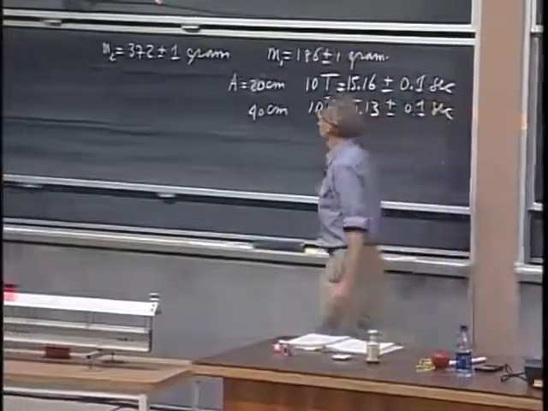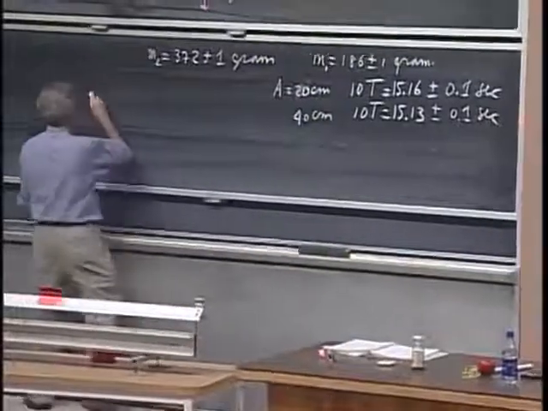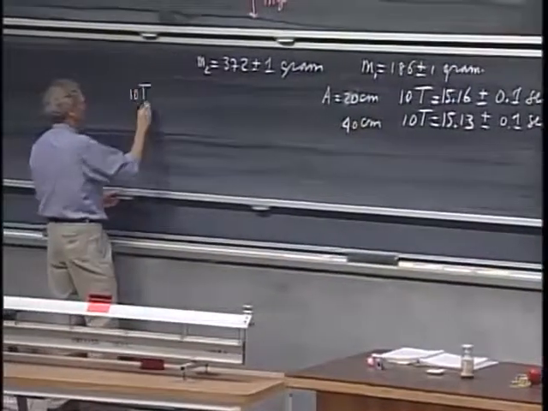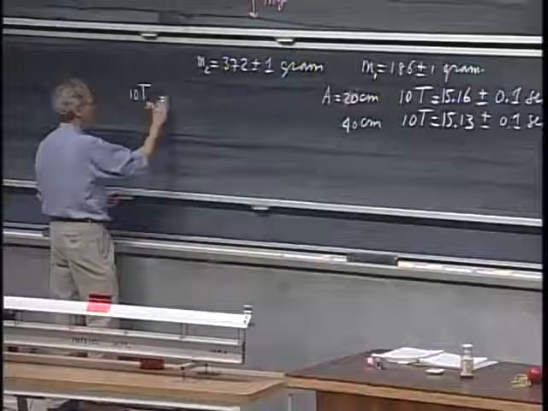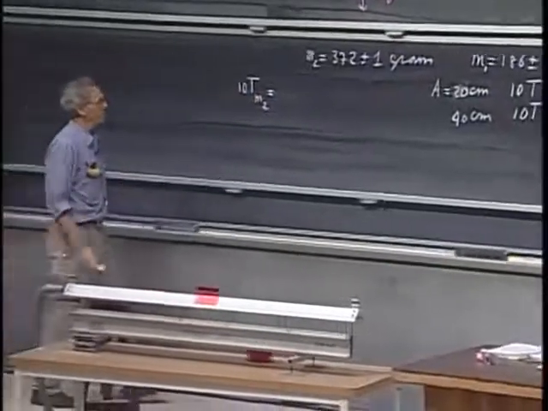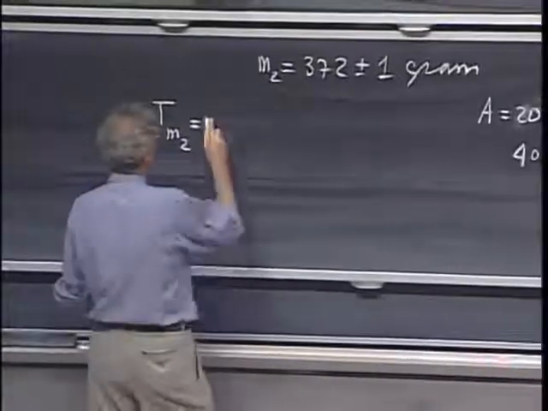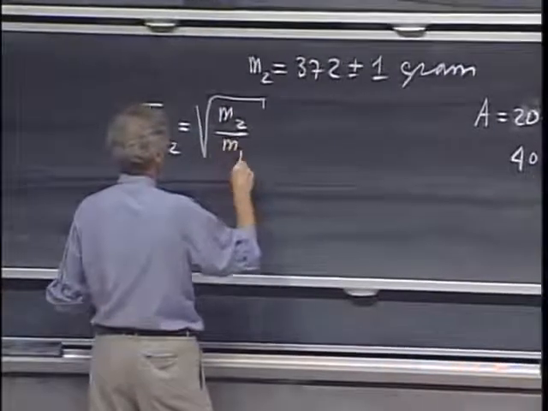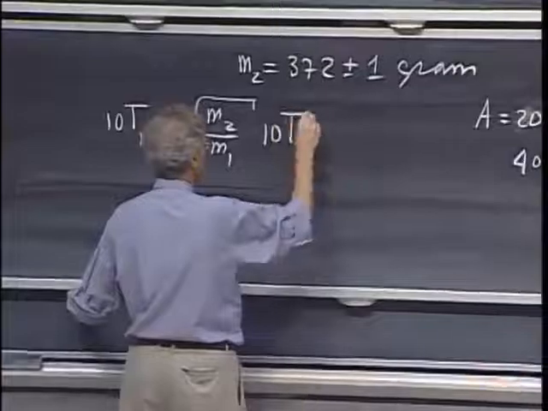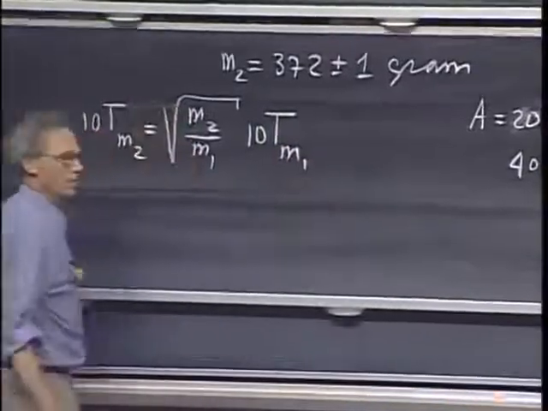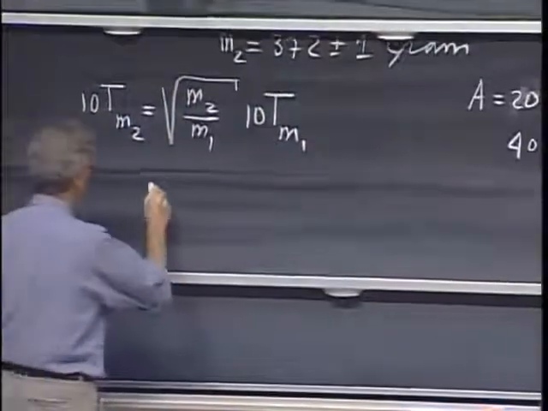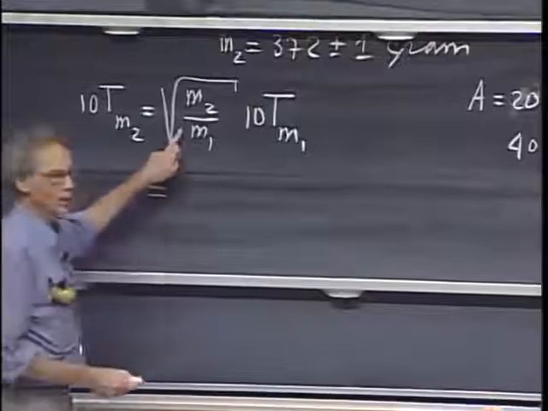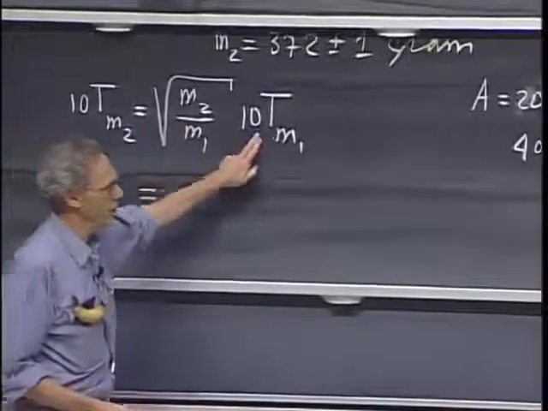So now I'm going to measure the 10 periods of this object with mass m2, so twice the mass. So that should be the square root of m2 divided by m1 times 10 times the period of m1. And so I can make a prediction, because this is the square root of 2, and I know what this is.